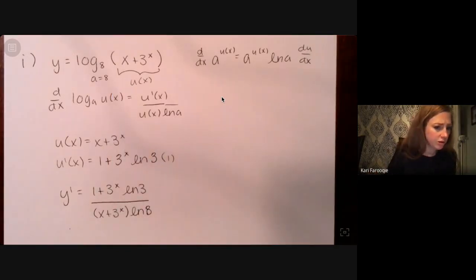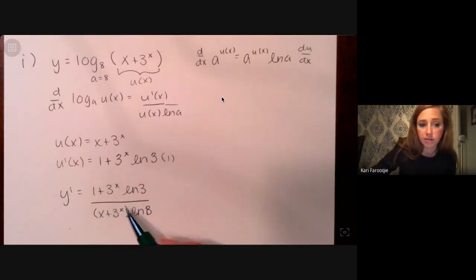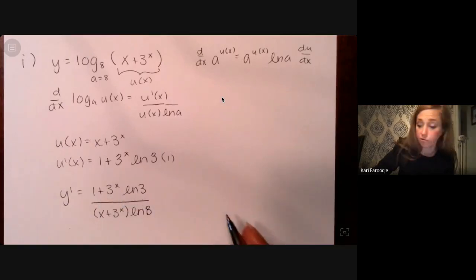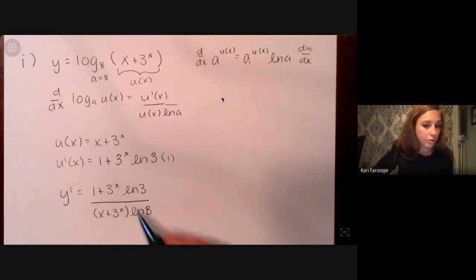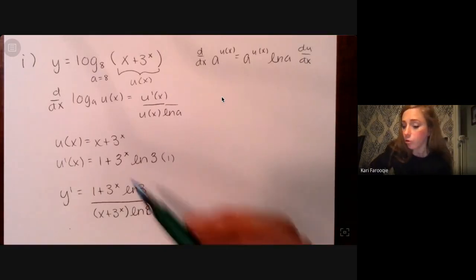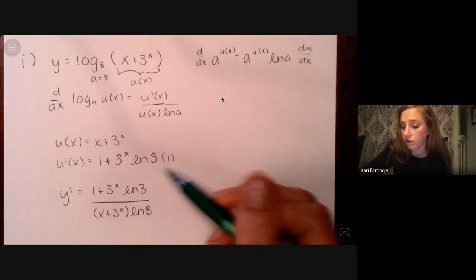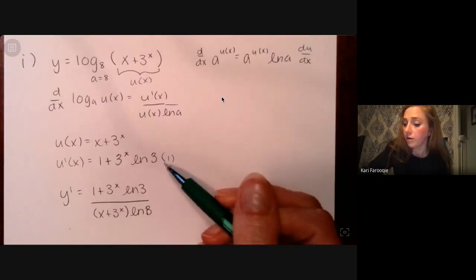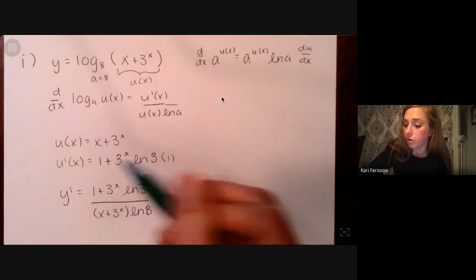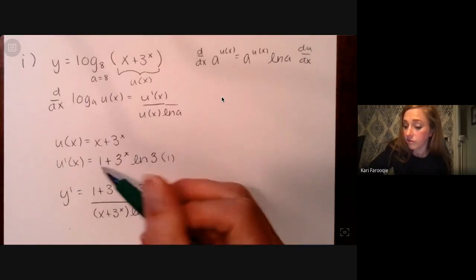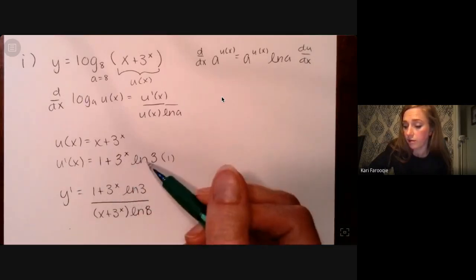Now, I want you to be careful here not to cancel out anything like the 3 to the x's. You can't do that because you don't have a 3 to the x in every single term. And like I said, remember your parentheses. That will make a very big difference. Don't put parentheses around the 1 plus 3 to the x because that's not what you mean to say. Your u prime actually doesn't take 1 and multiply it by ln 3.